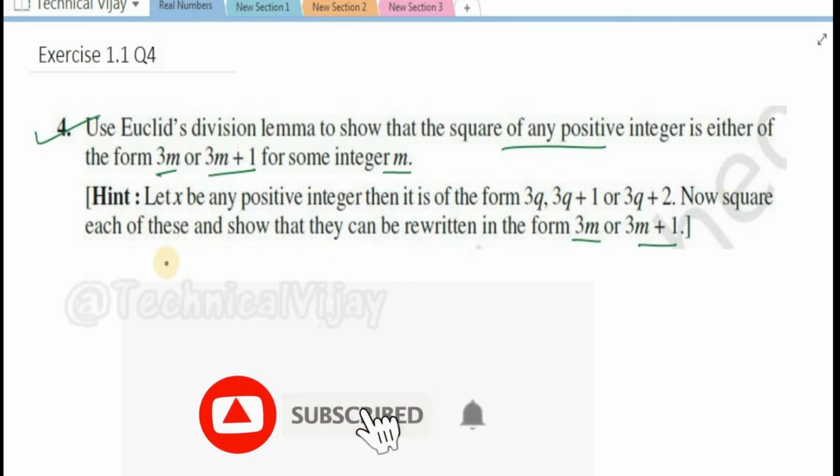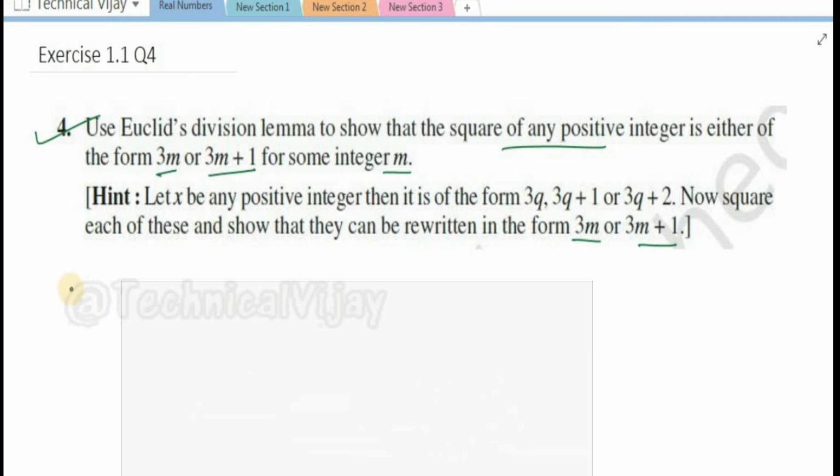So what they have asked is that we have to show this for the square of any integer. For example, 1 square is 1, 2 square is 4, 3 square is 9, 4 square is 16, like this. If you divide 4 by 3, 3 ones are 3, the remainder will be 1. Take 9 divided by 3, 3 threes are 9, the remainder will be 0. Take 16 divided by 3, 3 fives are 15, the remainder will be 1.